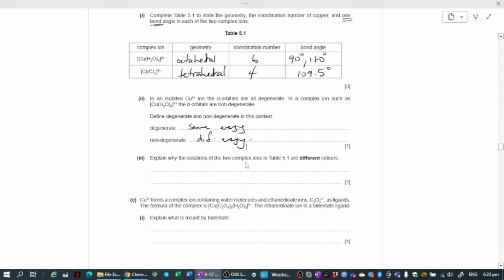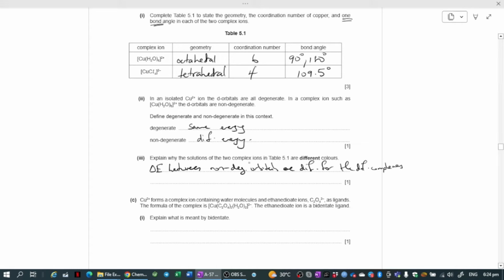Explain why the solutions of the two complex ions have different colors. And the reason has to do with the fact that the energy gap, delta E, between the non-degenerate orbitals are different for the different complexes.